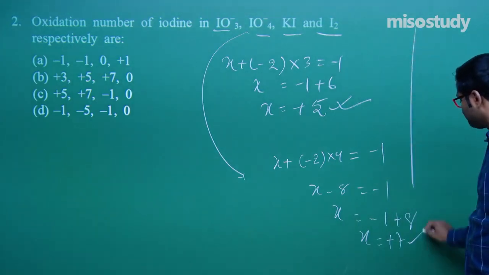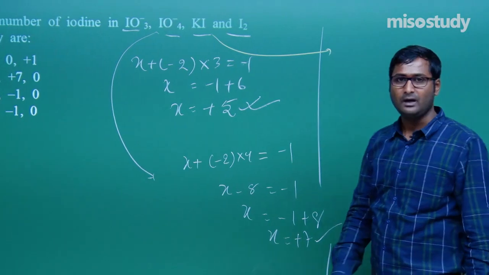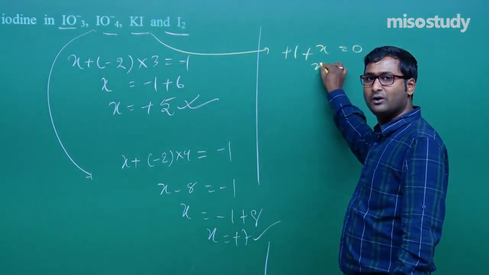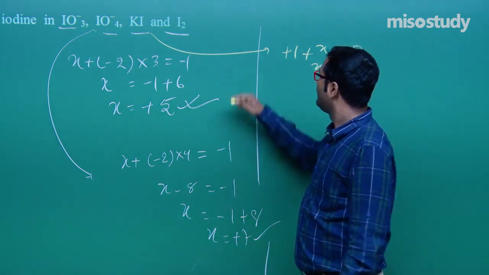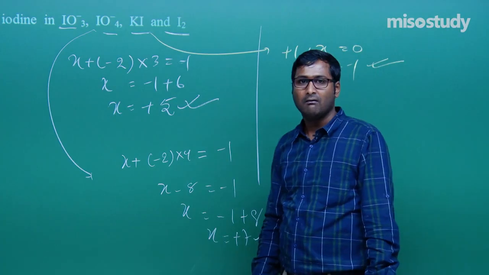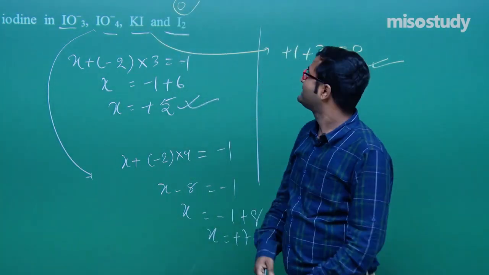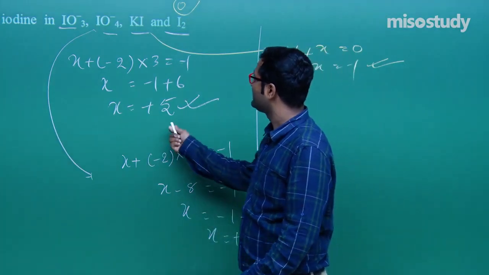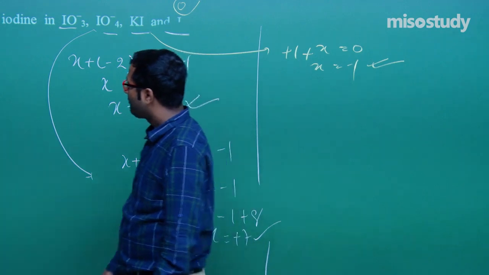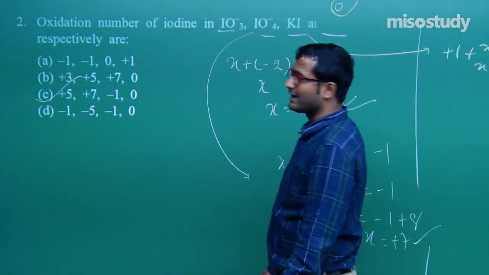Now in case of KI, as we know, K has oxidation state plus 1, so x is equal to minus 1. For KI, the oxidation state of iodine is minus 1. For I2, the oxidation state is 0. So plus 5, plus 7, minus 1 and 0. This is the correct answer.